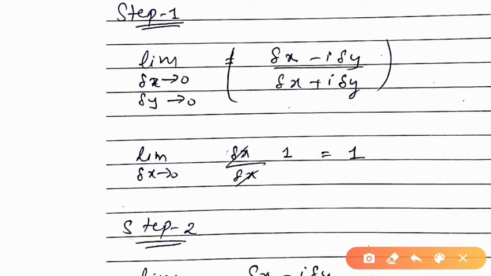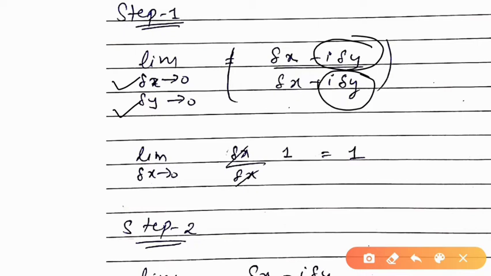If your limit does not exist, then the function is not differentiable at any point. And here you will always check delta x and delta y tends to 0. First I will take delta x tends to 0, and next is delta y tends to 0.